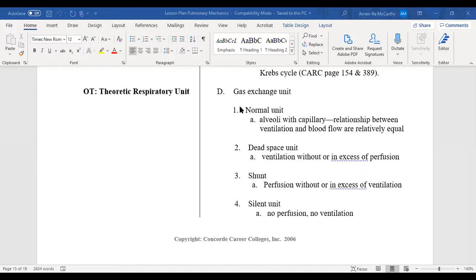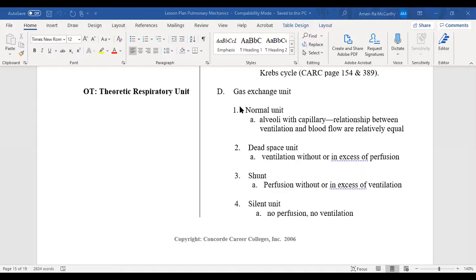Okay. Now it says perfusion without or in excess of. Now, to have a shunt, you don't have to have no ventilation. It's just saying the perfusion is either without ventilation or in excess of it. Like we started to play with the numbers. If we said that we had a VQ mismatch of 0 to 5, that would be a shunt, right?